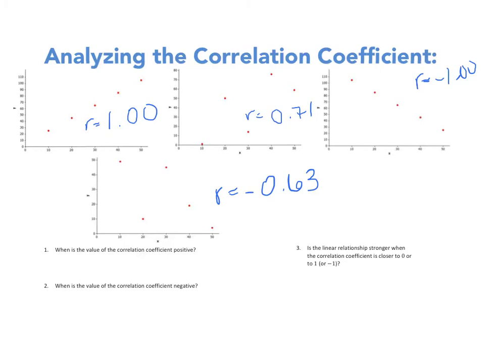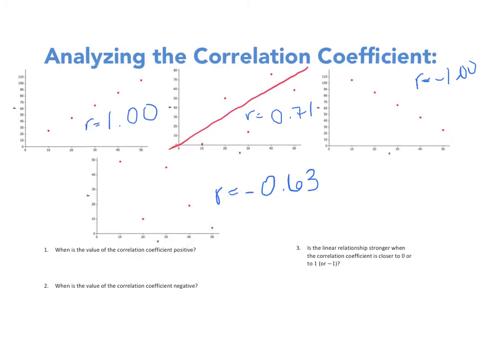For this one, if I were to draw our line, I still have a positive correlation, but the dots are not as consistent as with the first one, so our correlation coefficient is 0.71. For the next one, we have them going in a straight, constant negative slope, so that's why my correlation coefficient is -1. They are still reliable, concrete points that we can plot one after the other and know where they're going to be, but it's going in a negative direction, hence the negative value.